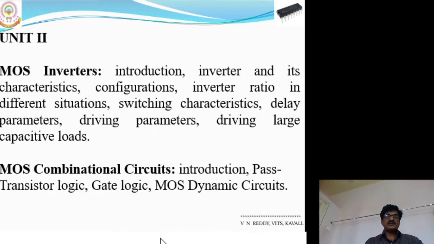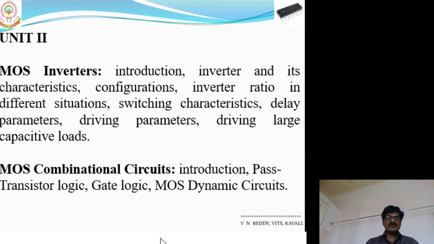Then coming to the second unit, in the first part you can study how the MOS transistor works as an inverter: inverter characteristics, inverter ratio, switching characteristics, and delay parameters.